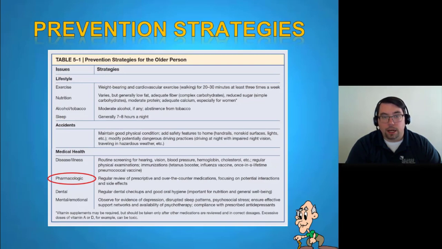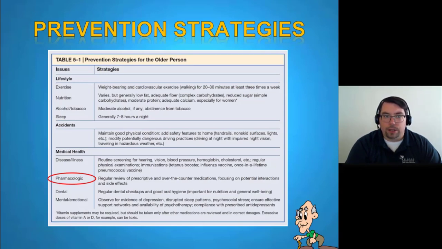It's going to vary from group to group, but generally low fat, high fiber, reduced sugars, moderate proteins, and adequate calcium for bone strength, especially for women, who typically deal with issues associated with losses of vitamin A or vitamin D. We also know that alcohol or tobacco use should be limited, if not avoided altogether.